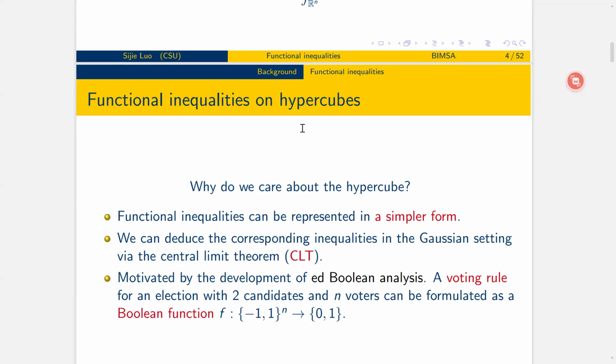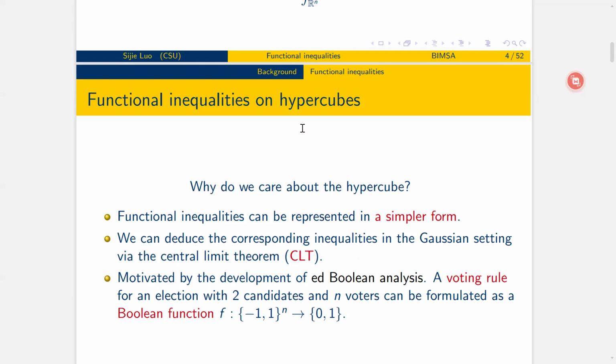At first, on the hypercube all functional inequalities have a simple form, as we can see later. Also, if we get a result on the hypercube, we can use the central limit theorem to pass from the hypercube to Gaussian space. So hypercube functional inequalities are powerful in general.